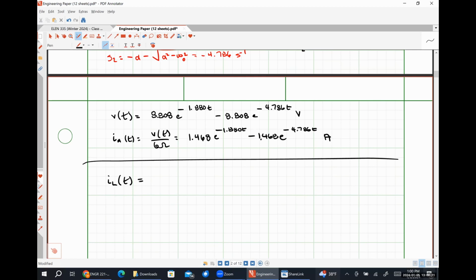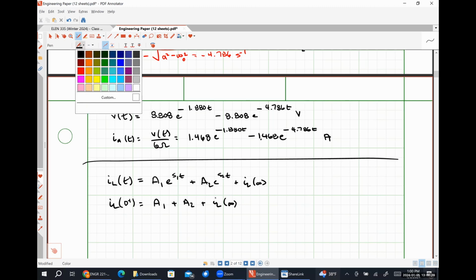So since this is an overdamped circuit, we know that our inductor current will be of the form A1 e to the S1 t plus A2 e to the S2 t plus IL at infinity, at t equals 0 plus. This reduces to A1 plus A2 plus IL at infinity.